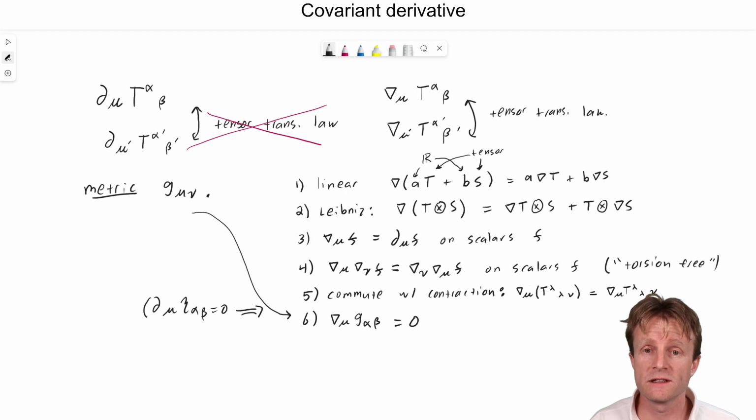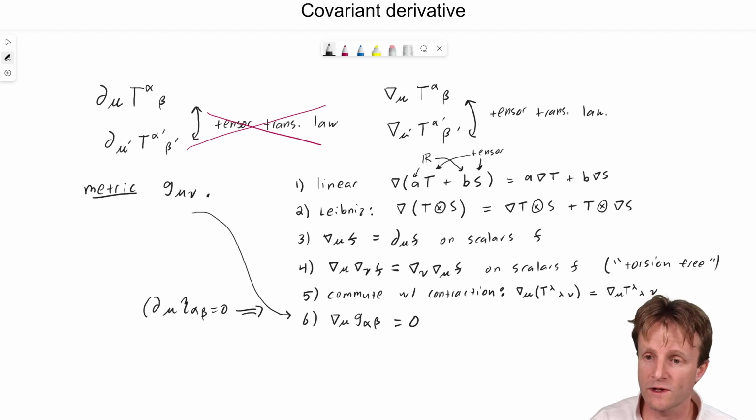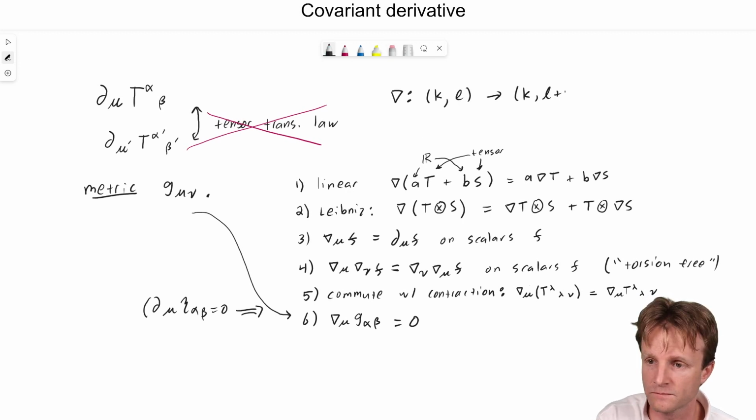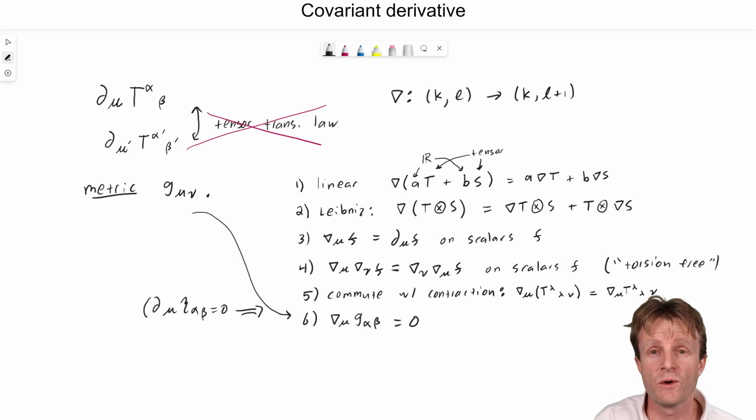Now the key point about these 6 conditions is that every one of them is tensorial. The thing we are defining, this triangle, is a map from a rank KL tensor to a rank K, L plus 1 tensor. I should write that down. Right? It just adds one downstairs index, so it gives you a tensor back.